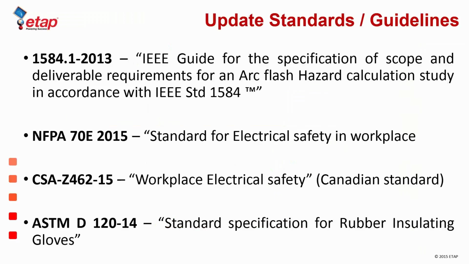In regards to updated standards, the updated standards that are part of this release are the IEEE 1584, the NFPA 70E 2015, for Canadian users, the Z462 standard, and also the standard specifications for rubber insulating gloves.